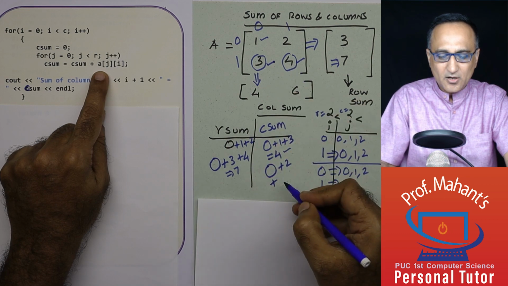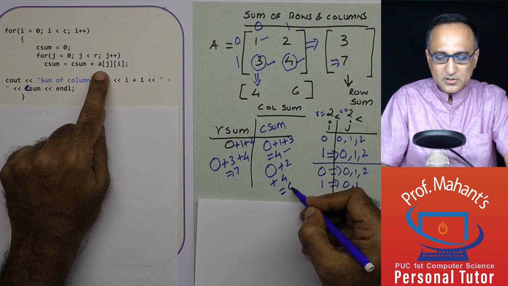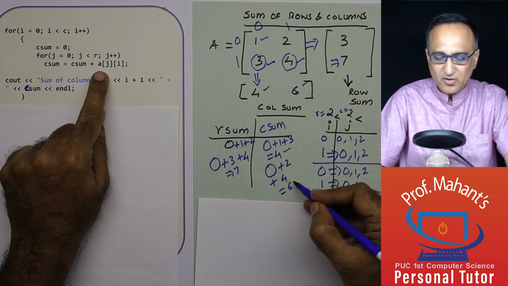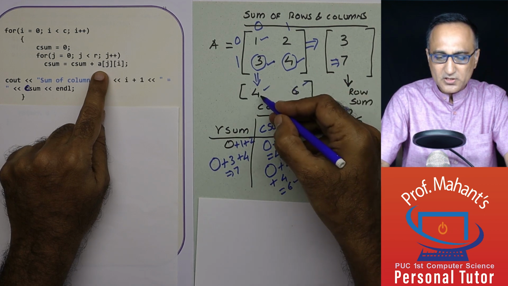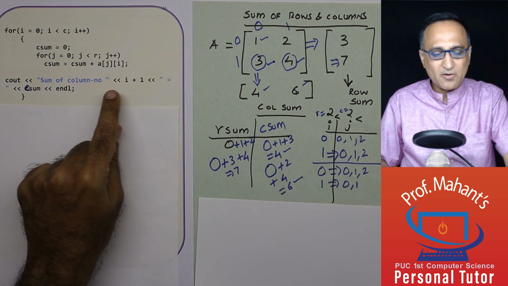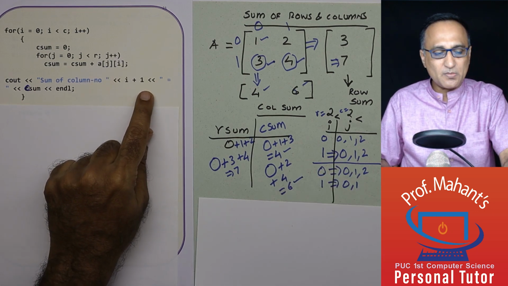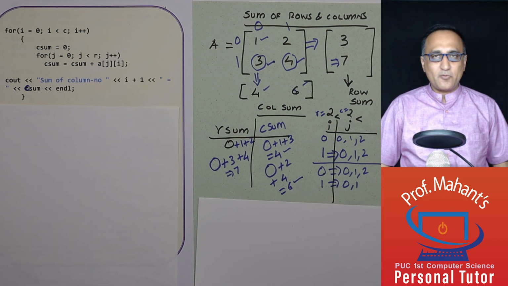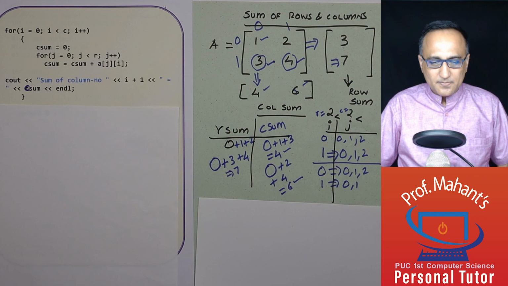So it's adding 4 to it. So this becomes equal to 6. So if you see here, this is correct. We have got 6 and we have got 4. This is 4 and 6, which is the same. Now I am going to print out sum of column number 1 plus 1. Sum of column number 2 is equal to 6. So this is a simple program to find the row sum and column sum.